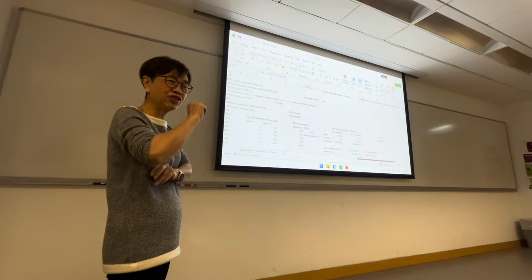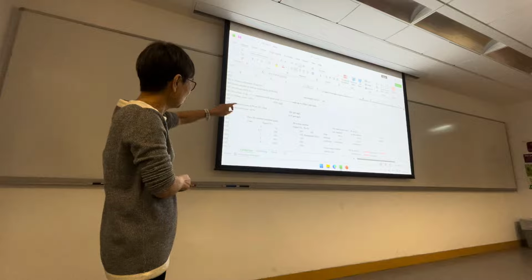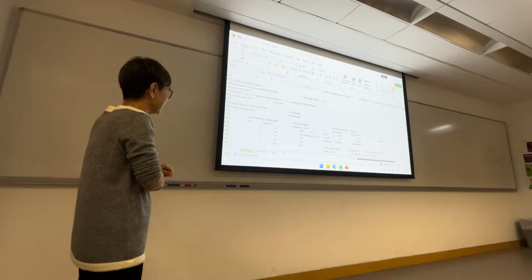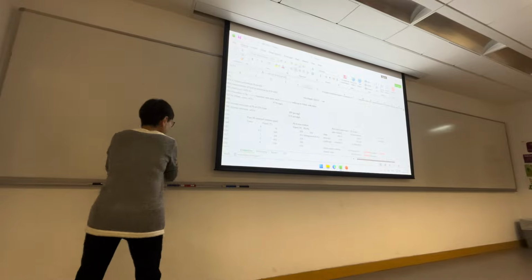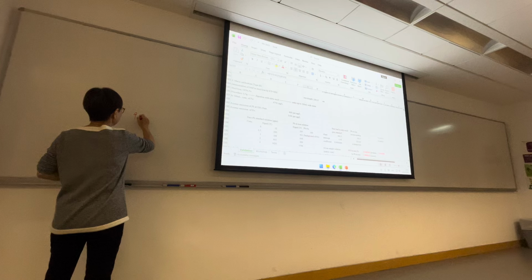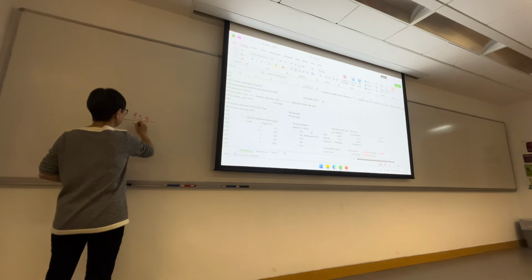So the concentration of iron will be 95%, that means 95 gram per 100 gram.